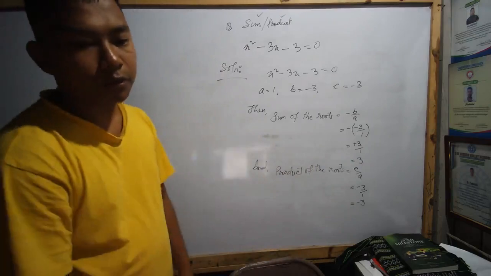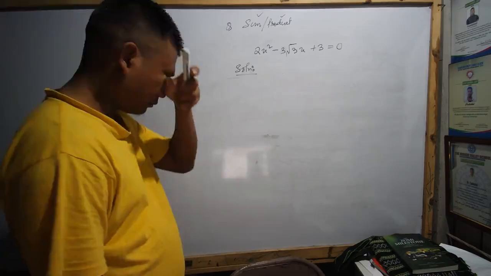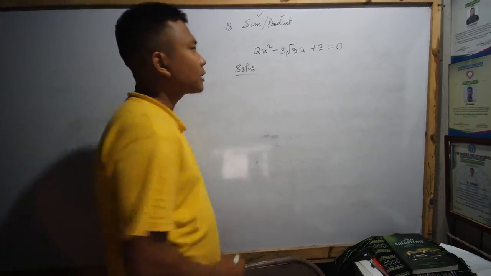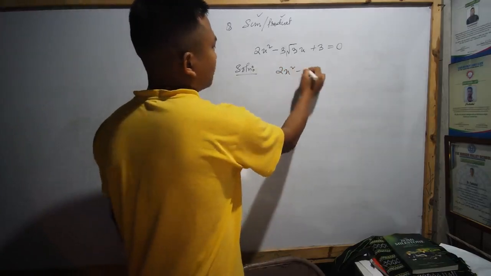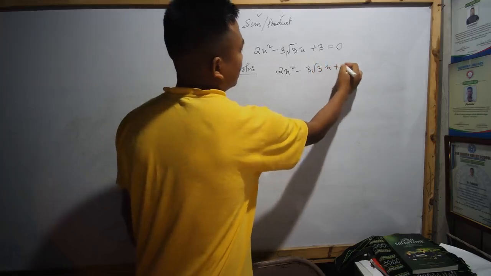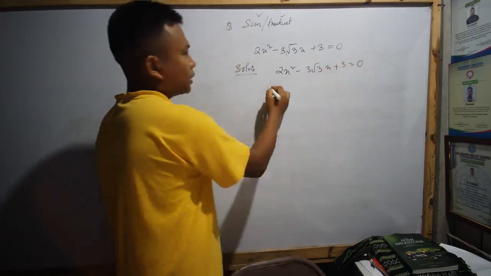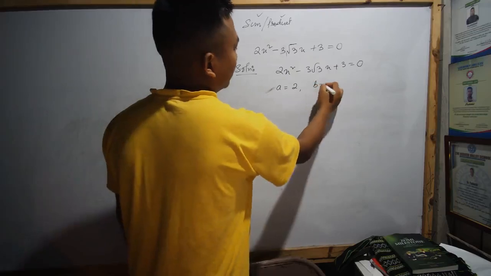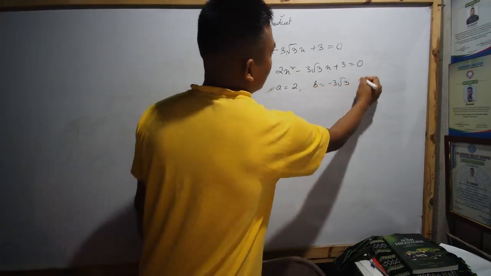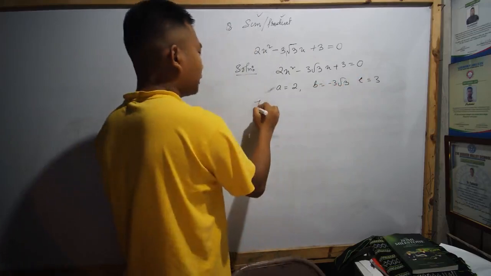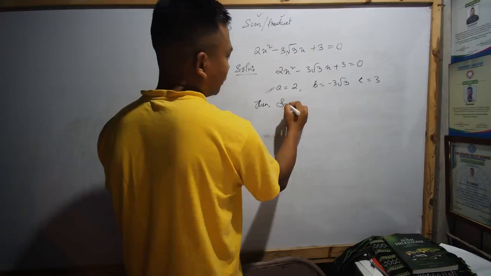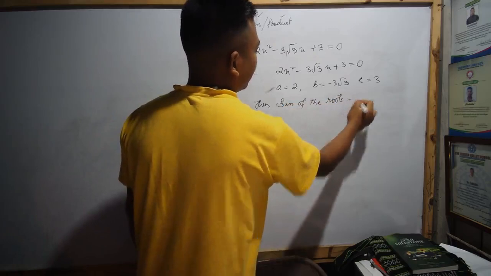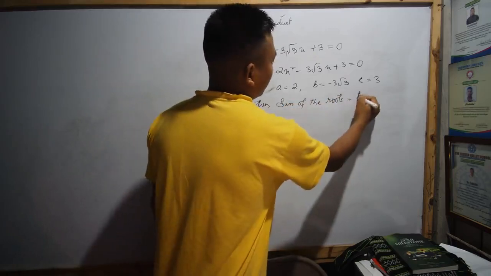Next question: 2x square minus 3 root 3x plus 3 is equals to 0. Here a value is 2, b value is minus 3 root 3, and c value is 3. Then sum of the roots, the formula is minus b by a.